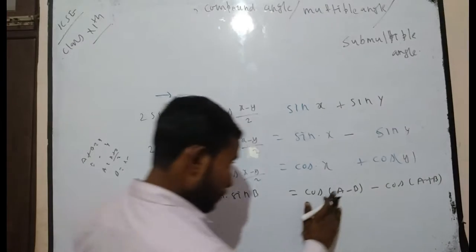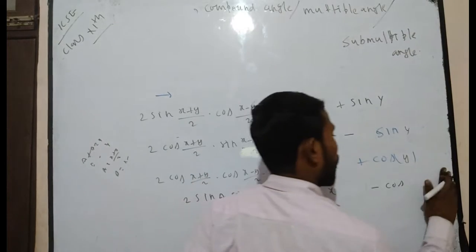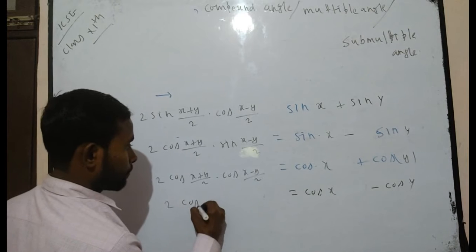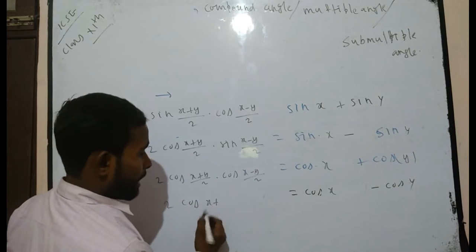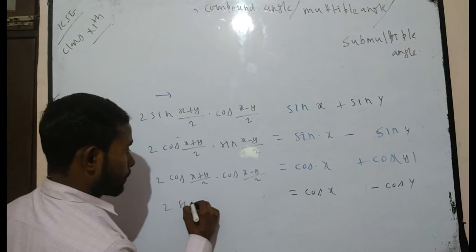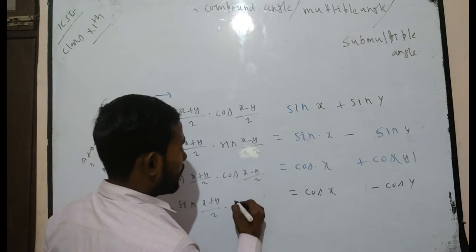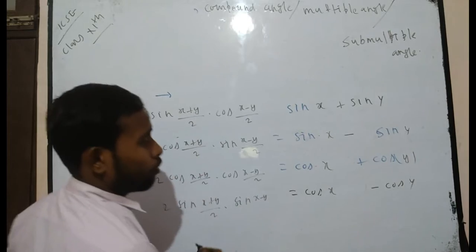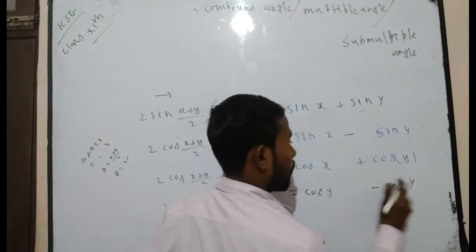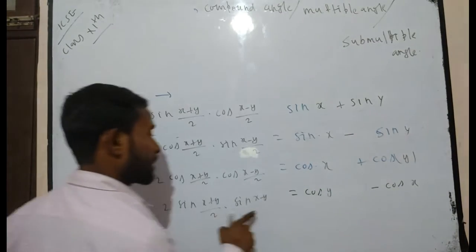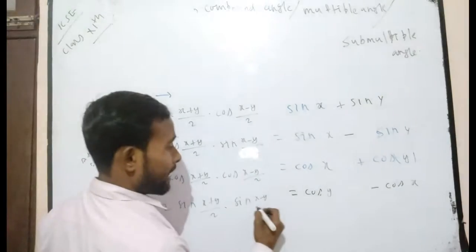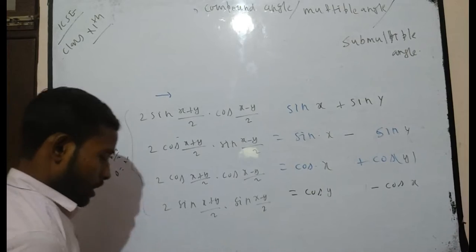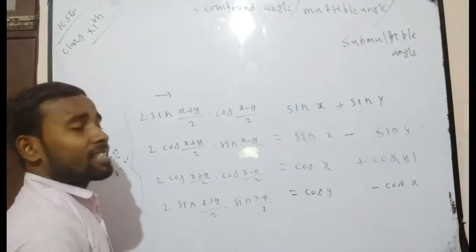Another will be cos x minus cos y is equal to minus 2 sin((x plus y) by 2) into sin((x minus y) by 2). Then cos y minus cos x is equal to 2 sin((x plus y) by 2) into sin((x minus y) by 2). It is the final formula of compound angle, multiple angle and submultiple angle.